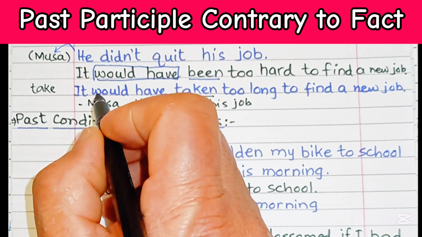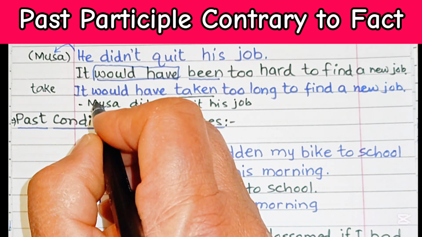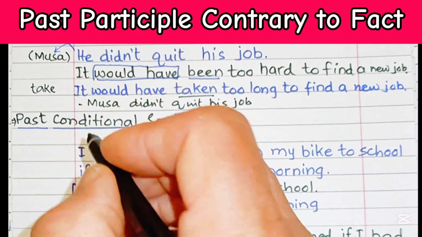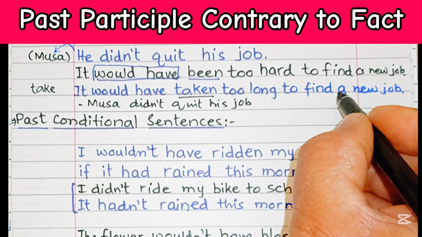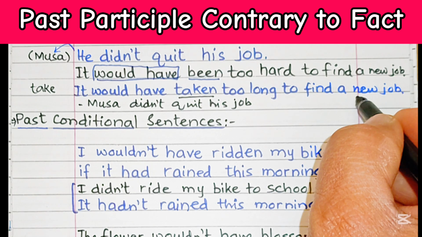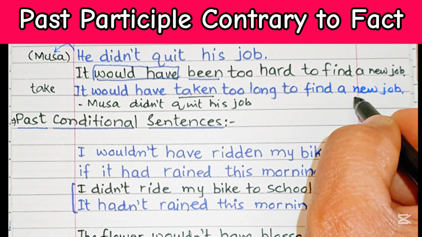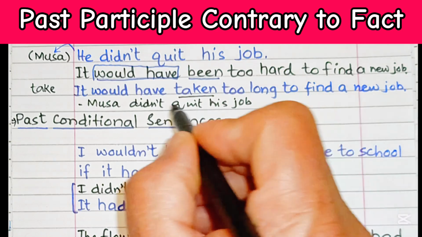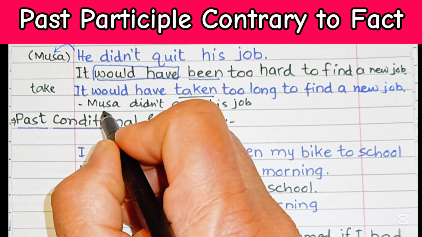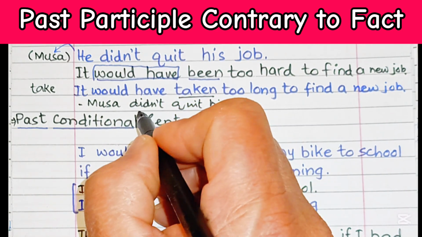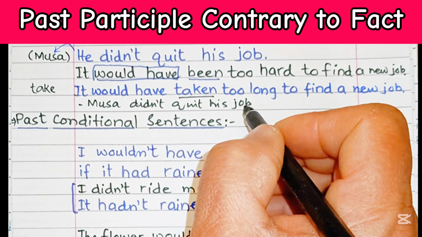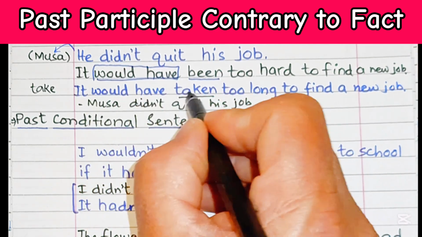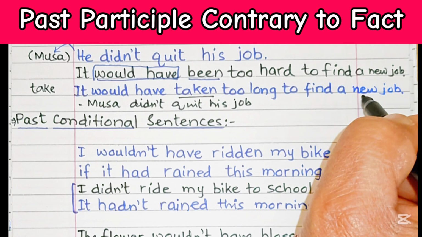He didn't quit his job because it would have taken too long to find a new job. What would have happened but didn't, because Musa didn't do this. He didn't quit his job. So it would have taken too long to find a new job.